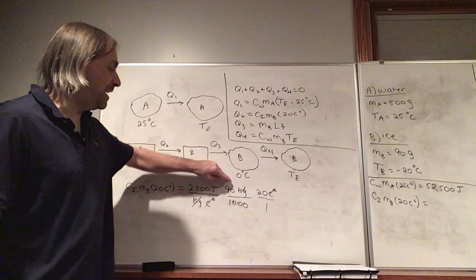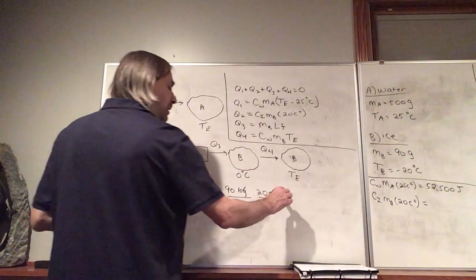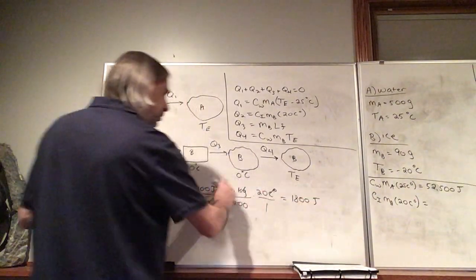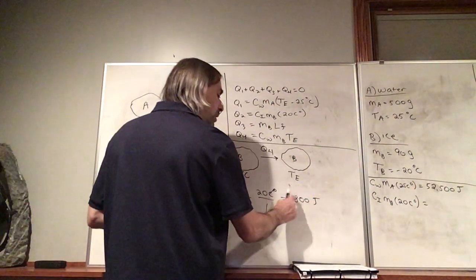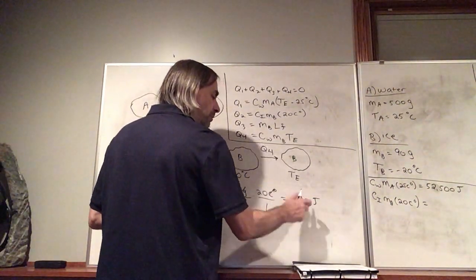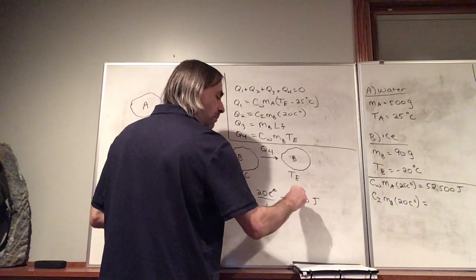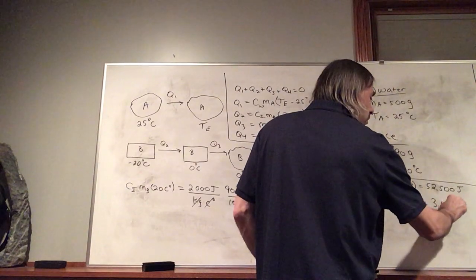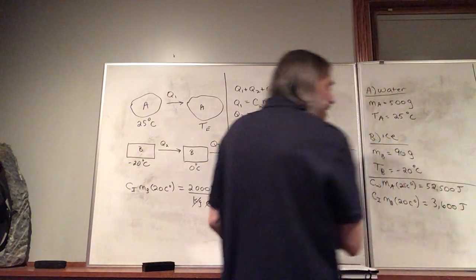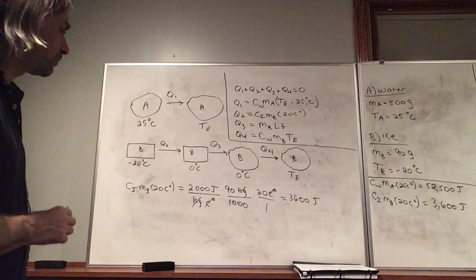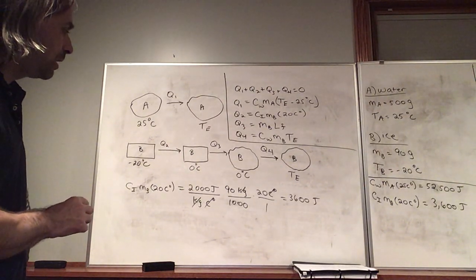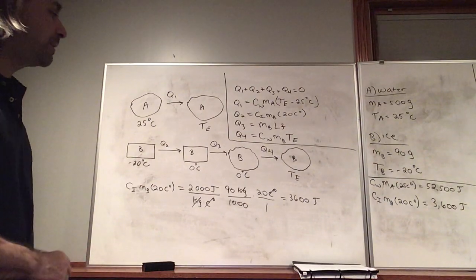So again, let's do 90 times 20. That's 1,800, and then times 2. So it'll be 3,600 joules. So a much smaller number for that term. Yeah, I believe that number is right.